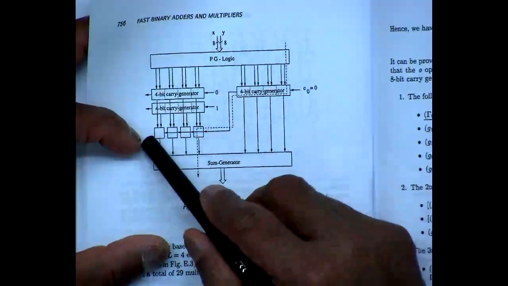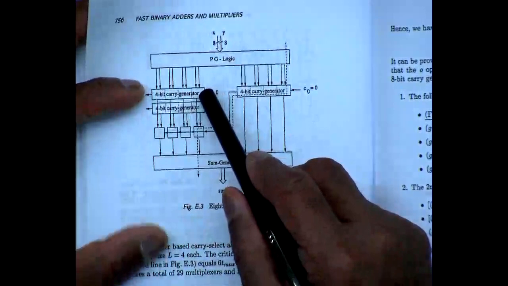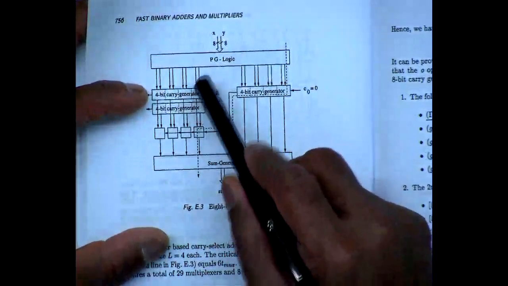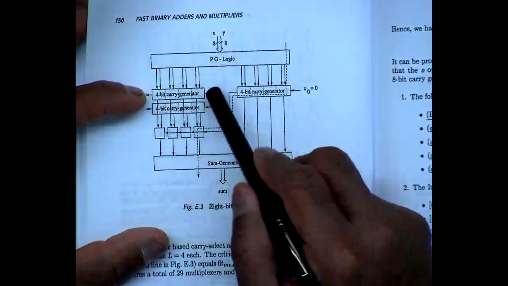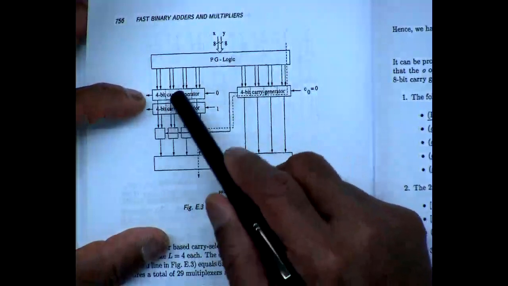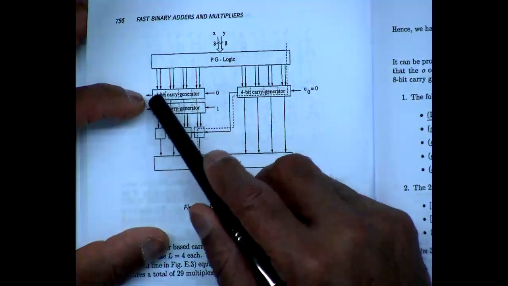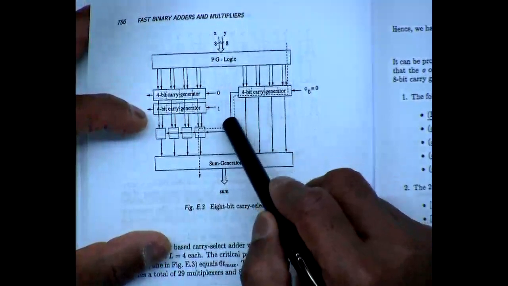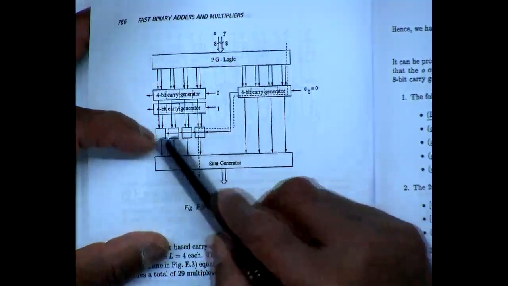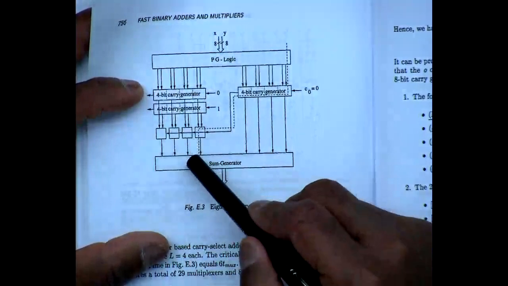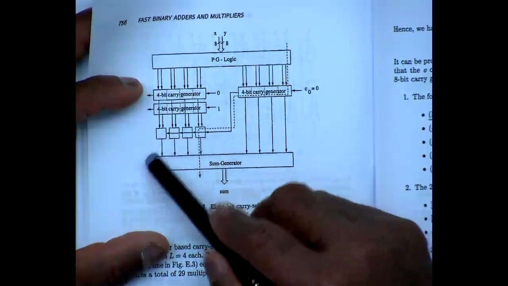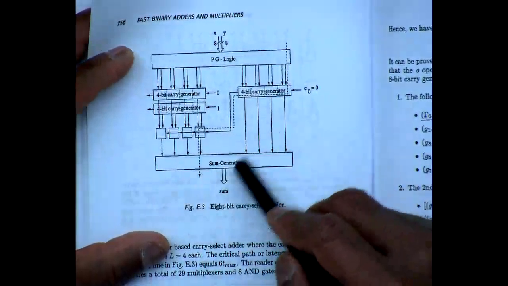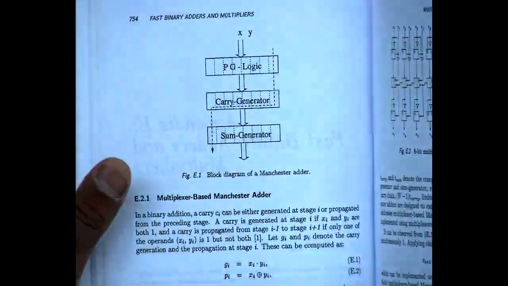I am computing from the most significant 4 bits possible sums by rippling carry, assuming carry input was 0 and 1. As soon as this is known, I use that as a multiplexer control signal to all of these, and finally get the last 4 digits of the sum. So that's the idea of carry select.